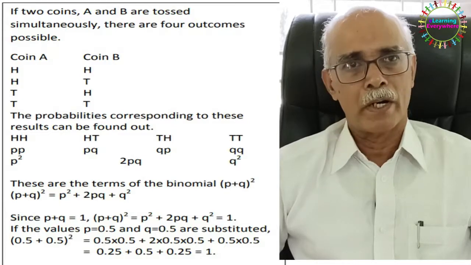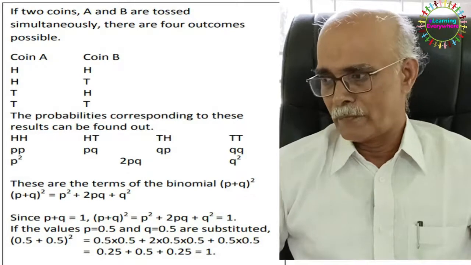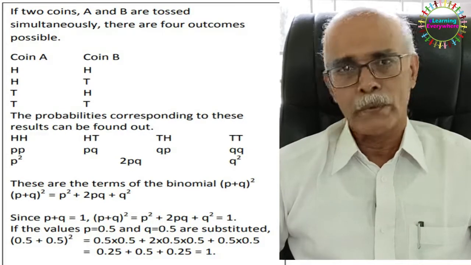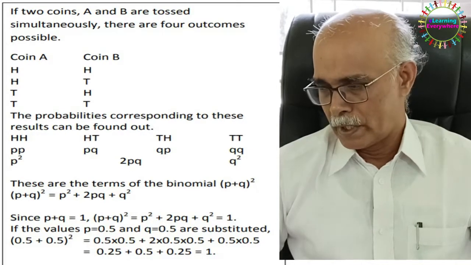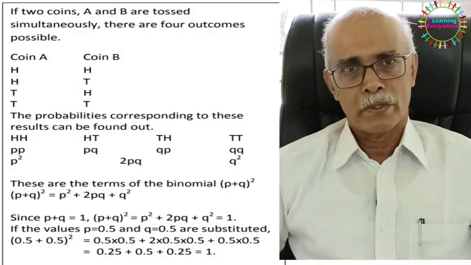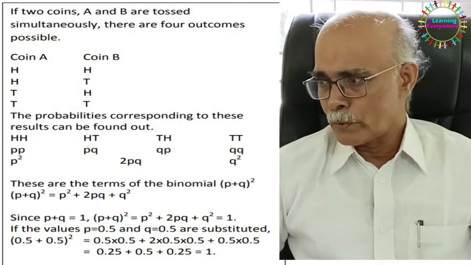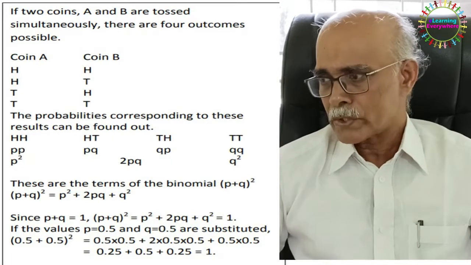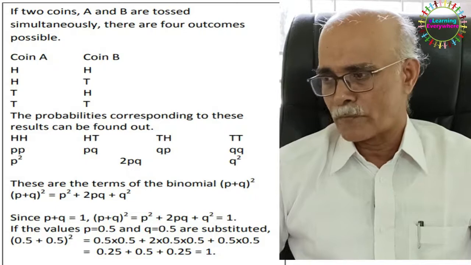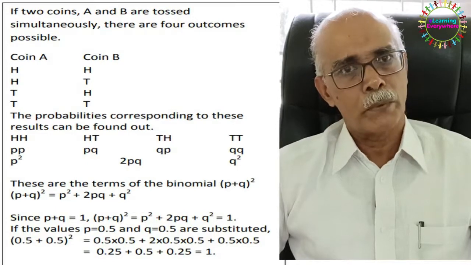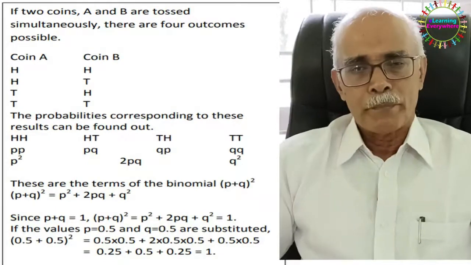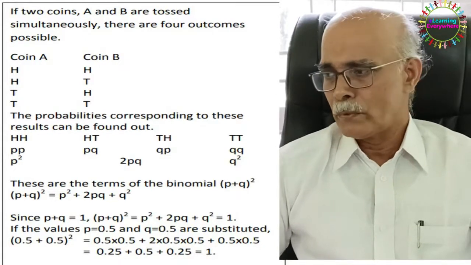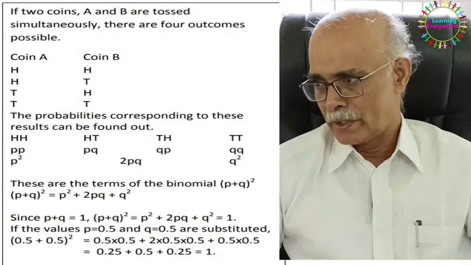When you are summing up the values, you will get P squared, 2PQ, and Q squared, or in other terms, 1P squared, 2PQ, and 1Q squared. These are called the terms of the binomial P plus Q all squared. P plus Q all squared is equal to P squared plus 2PQ plus Q squared.